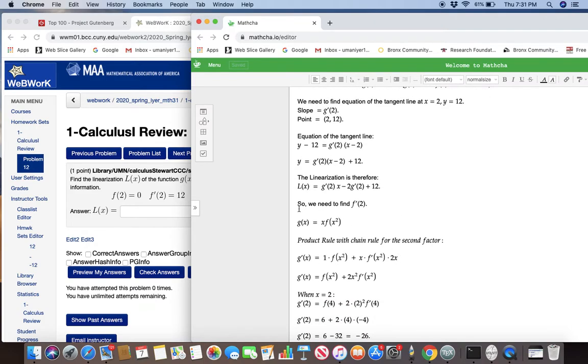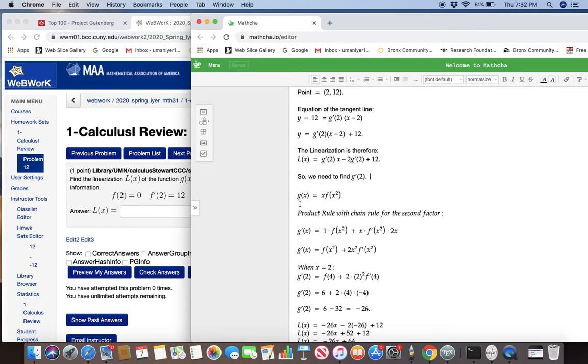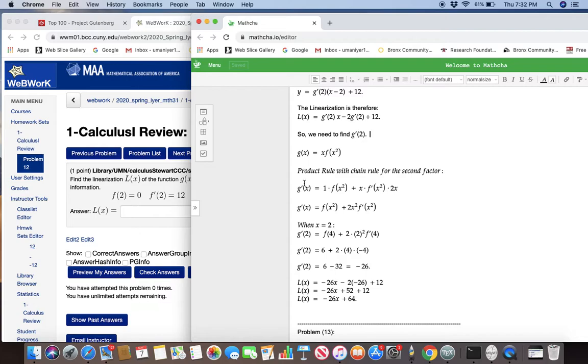So to find the linearization, you need to find g prime at 2, the derivative of g at 2. What was g? G was x times f of x squared. To find the derivative of g, you will need the product rule, and for the second factor you will need the chain rule. Okay, let's start.